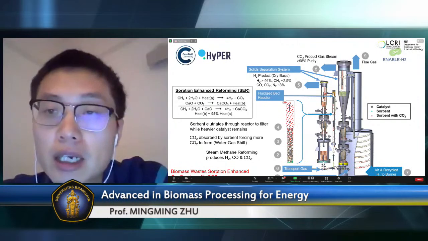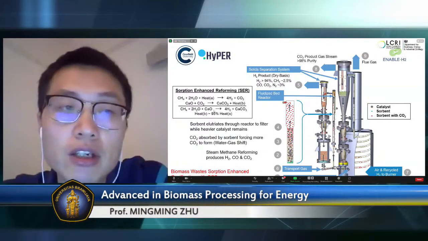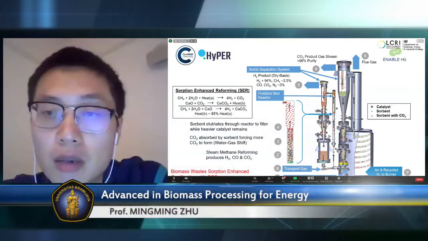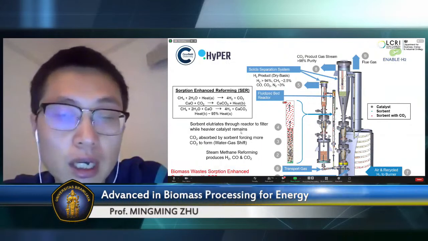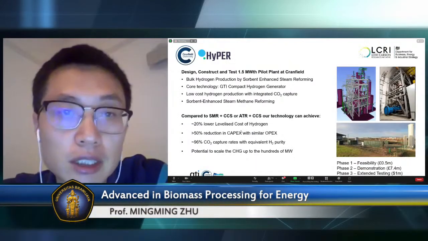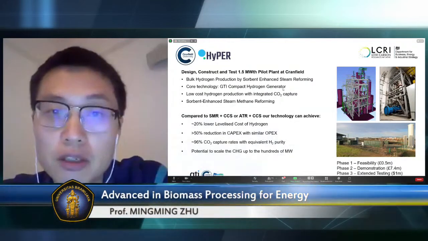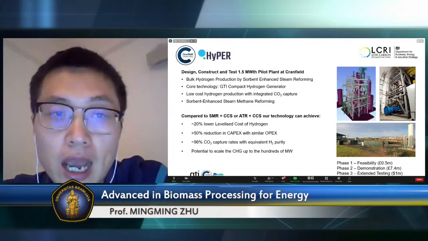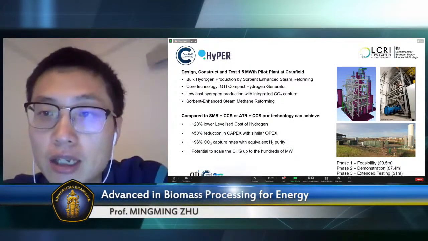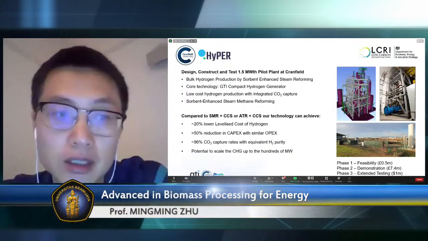So basically, the concept of this process is to integrate the conventional methane reforming with the limestone capture process to capture the CO2. The process is based on the current GTI hydrogasification or steam reforming process. And we just try to add the lime into the system to capture the CO2 simultaneously.